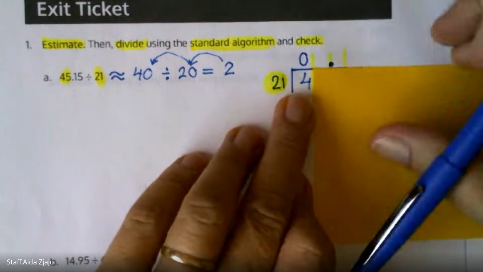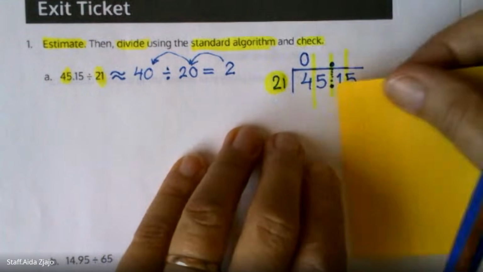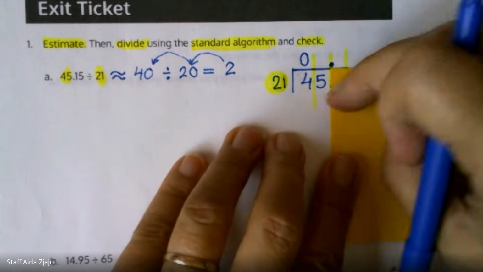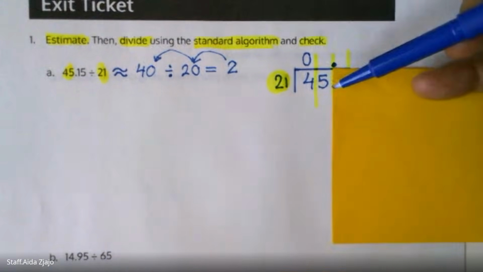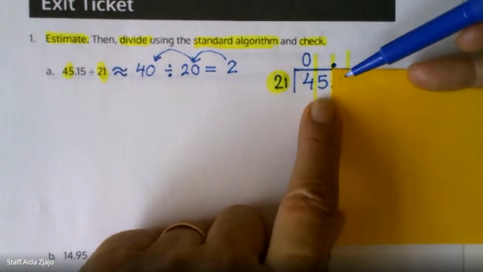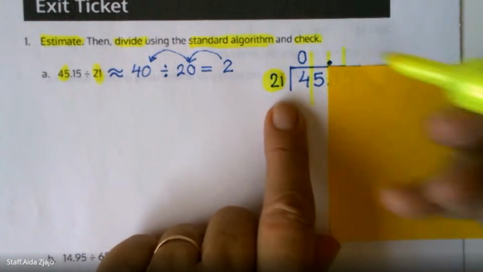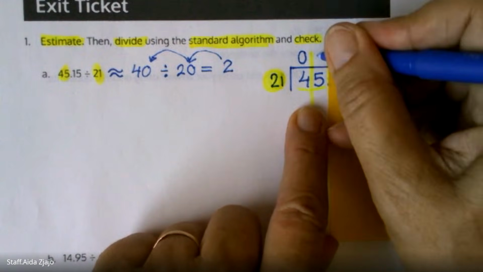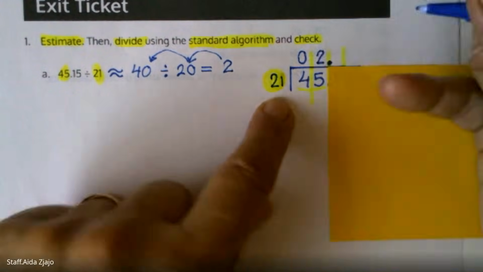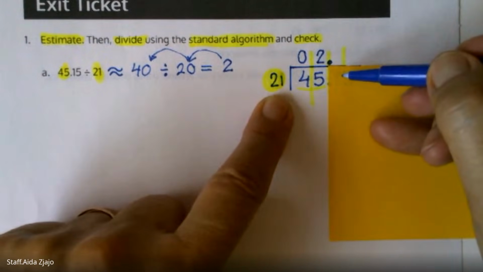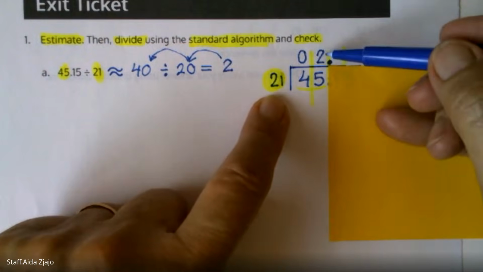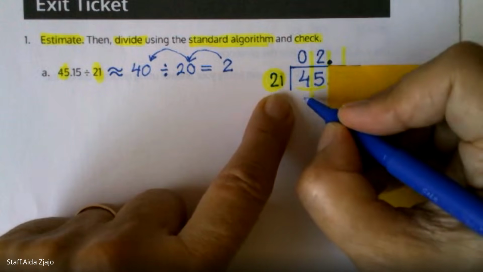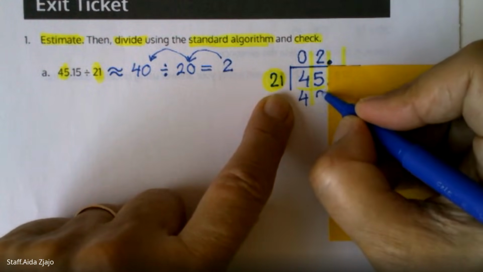Now if I move and change 4 tens for ones, I will have 45 ones. If I have 45, can I make a group of 21? Yes, I can. So there are 2 groups of 21 in 45. Now, what is 2 times 21? 2 groups of 21 is really 42.